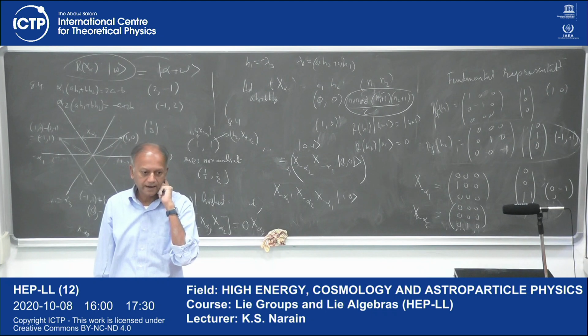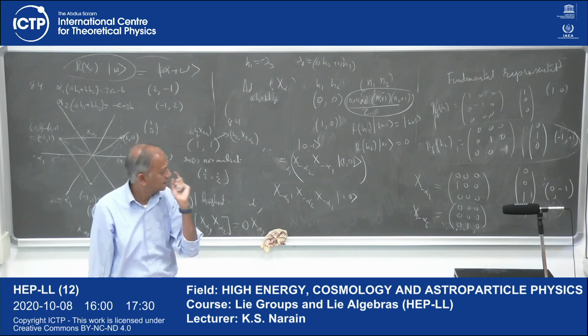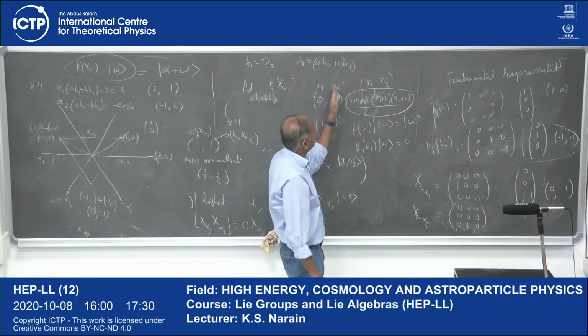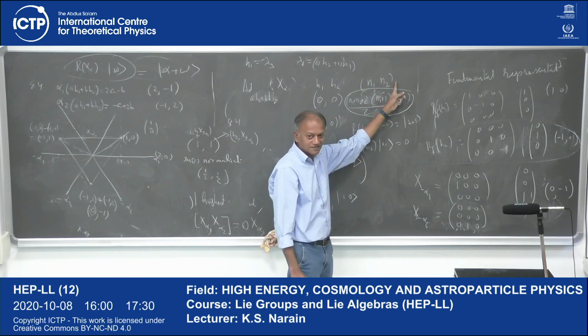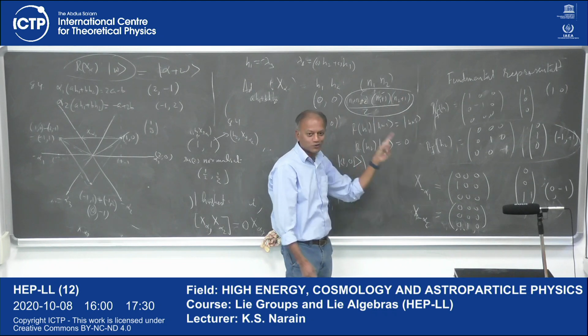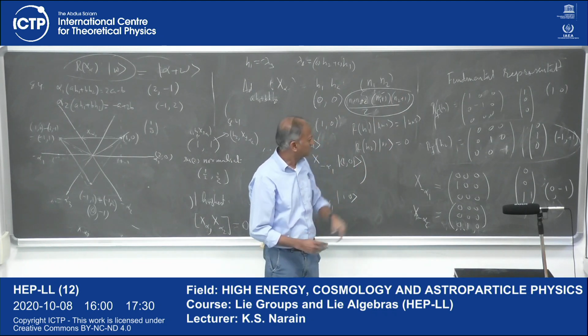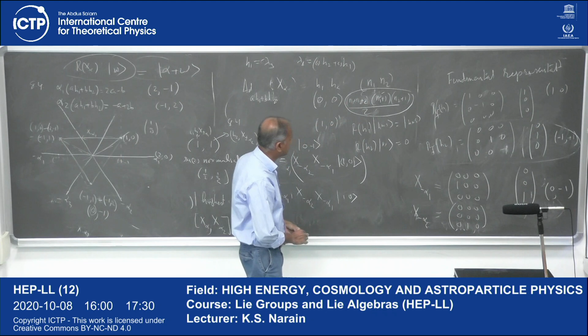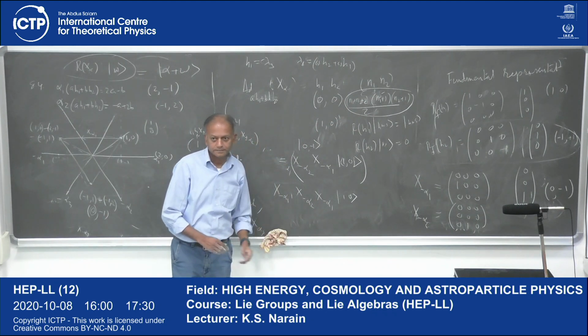If you go to higher and higher, SU4, SU5, etc., for SU4 you need 3 integers because it's rank 3. So the formula becomes more complicated and longer. There is a systematic formula for any SU(N).